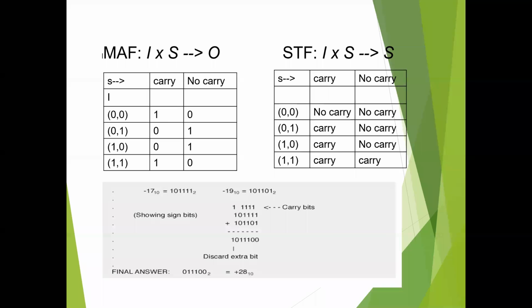So if you see STF here, when you are adding 00, right? When you are adding 00, and if you are on the carry state, so definitely with this 00, one more one will get added because it is a carry.